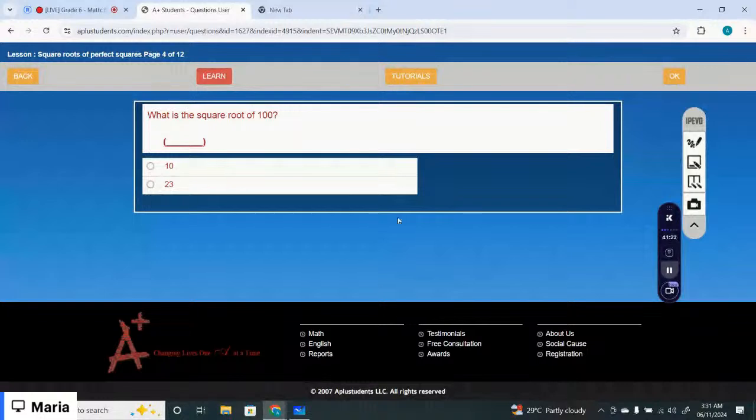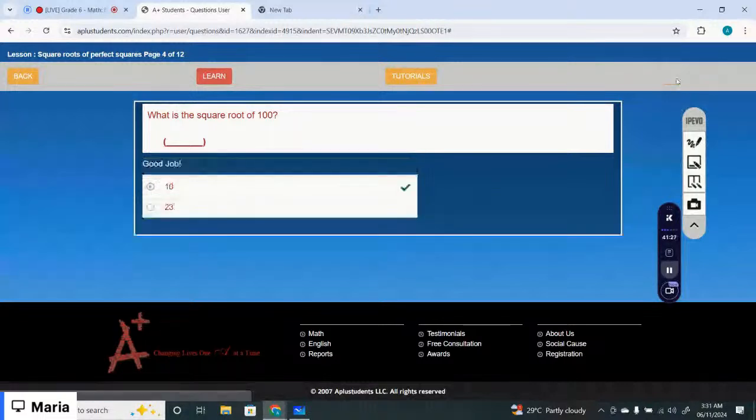Very good. 10 times 10 makes 100. So square root 100 equals 10. Option number 1 is the correct option.